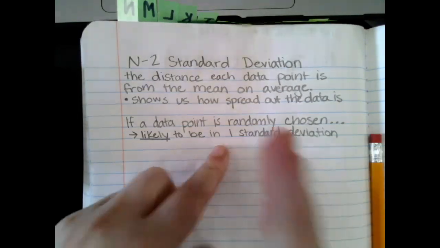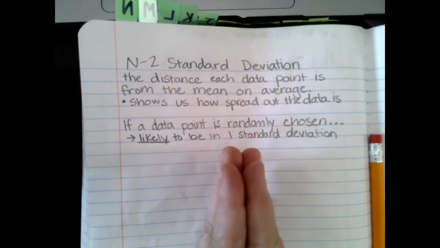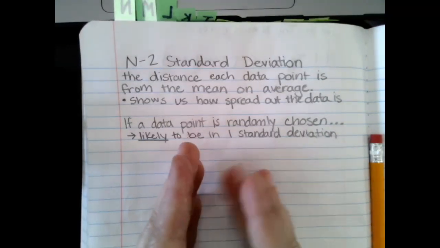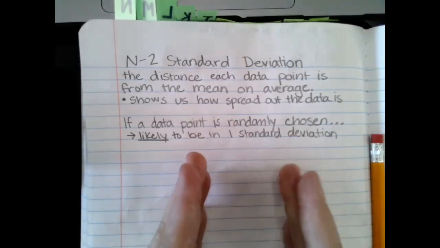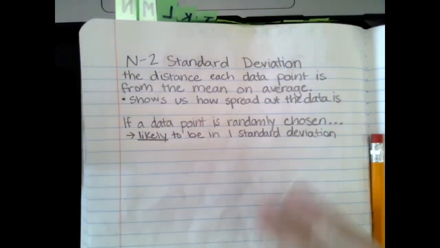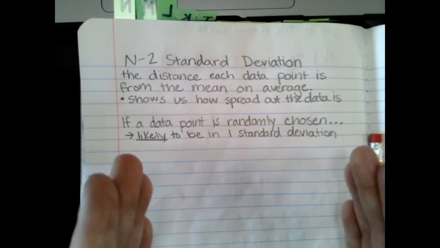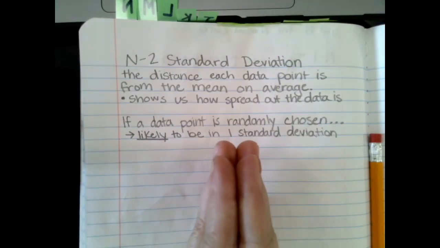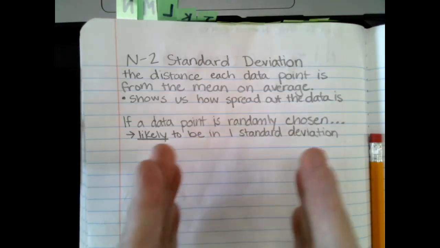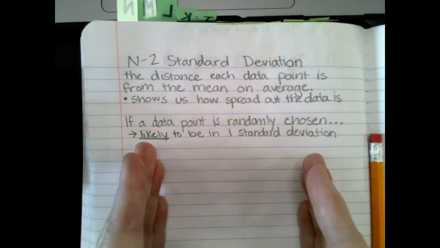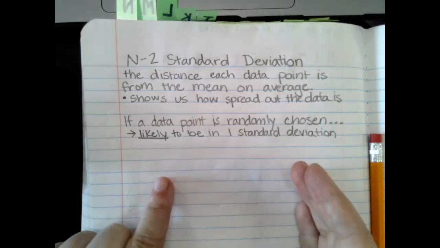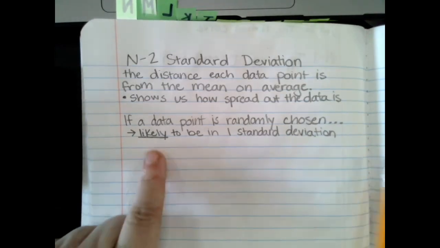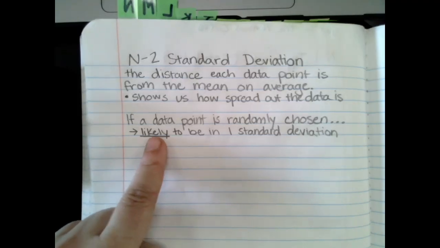So we look at the mean. The mean is in the middle. And then as I work my way out, that's a range. It's from here to here. That's where most of our data is going to be, over 50% of the data. Okay, but now we're going to go another standard deviation. We're going to do 2 standard deviations. So here's the mean. We're going to work out 1, 2 jumps. So we even have a wider range. So we're increasing our range, so we need to increase likely.